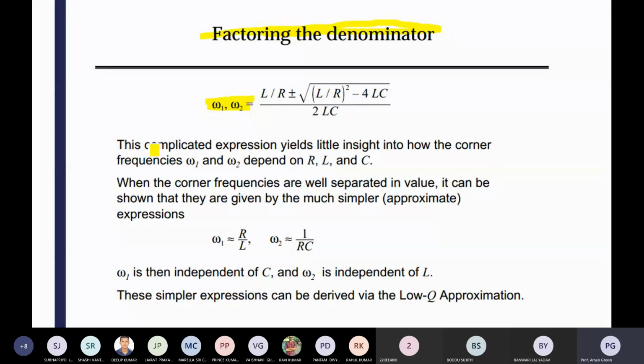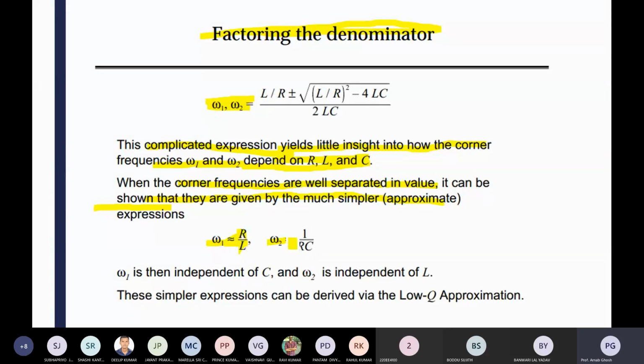The complicated expressions yield little insight into how the corner frequencies omega 1 and omega 2 depend on R, L and C. When the corner frequencies are well separated in value, it can be shown that they are given by much simpler approximated expressions: omega 1 equals R by L, omega 2 equals 1 by RC.